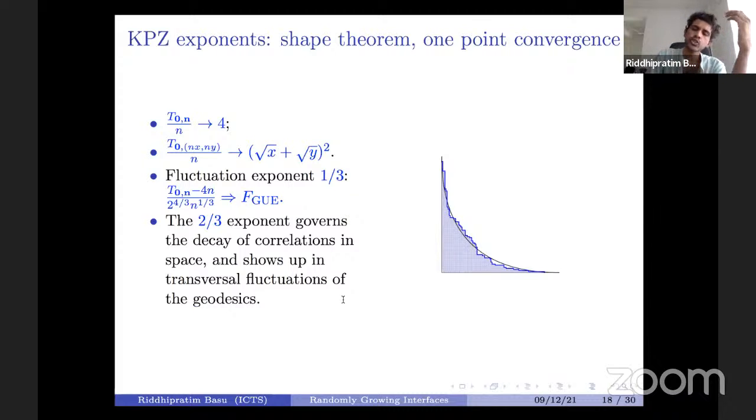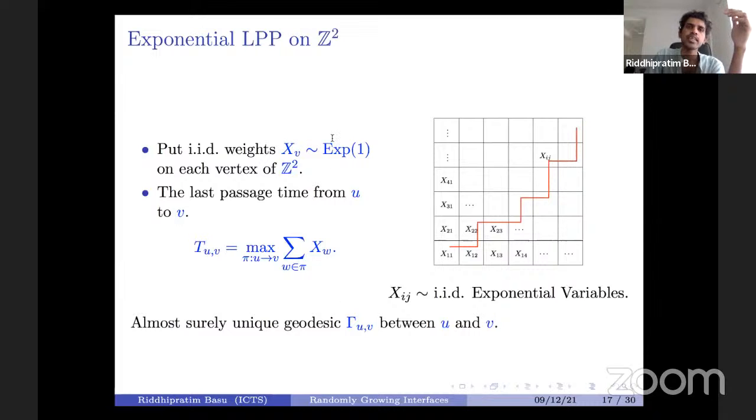The reason I chose it to be exponential here is because the exponential weights make the growth of the interface in the corner growth model Markovian.